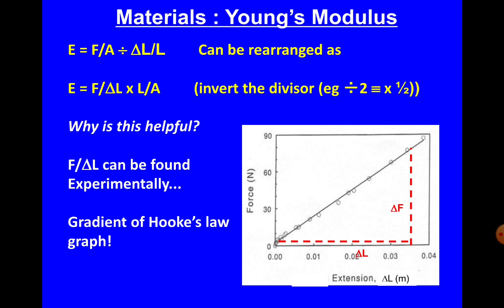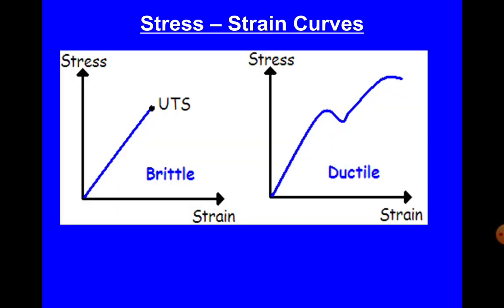Okay, let us look a little bit at different materials, and we are going to compare brittle material with ductile. What do we see? Brittle material follows Hooke's law, and at a certain moment, without deforming, it suddenly breaks off and it finds its UTS.